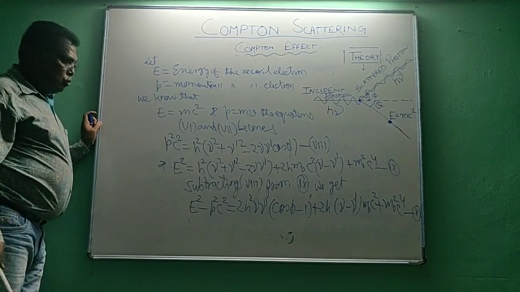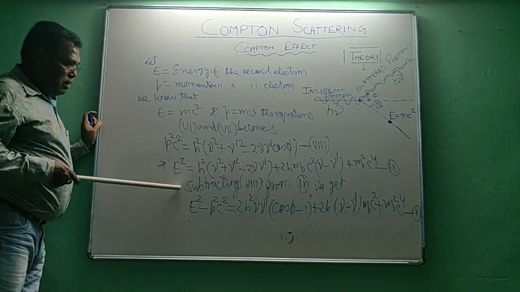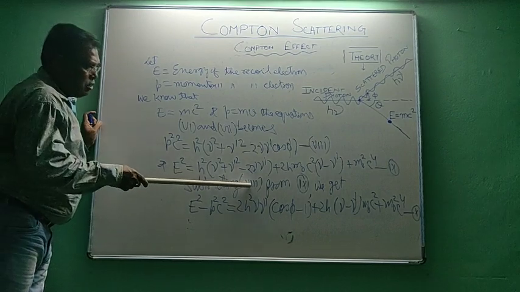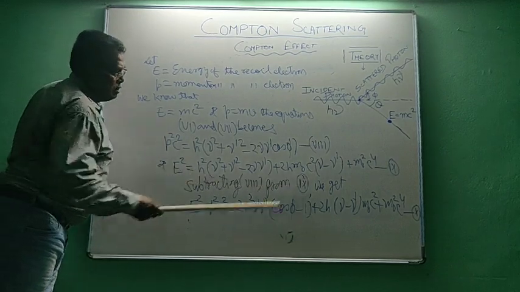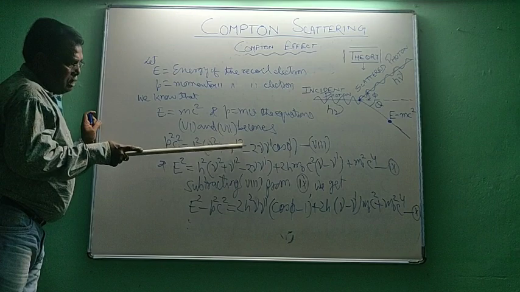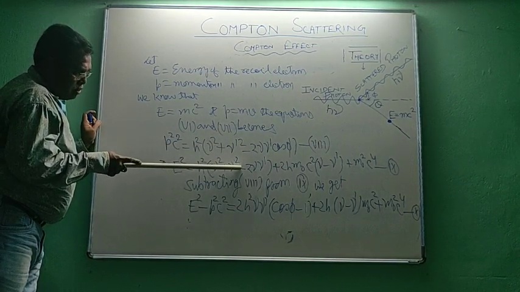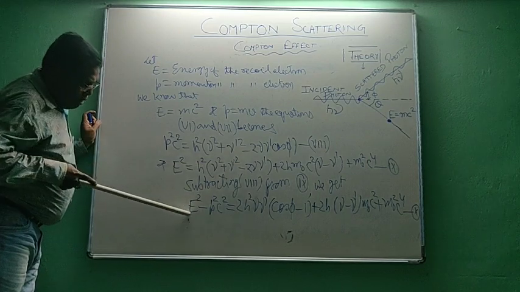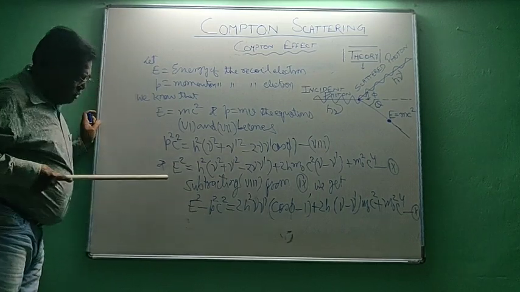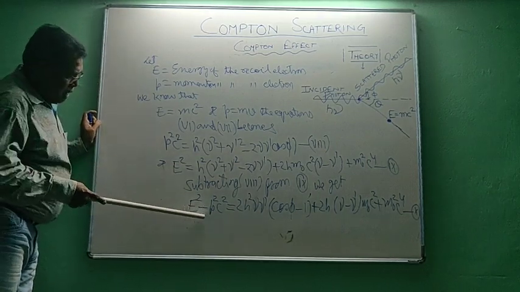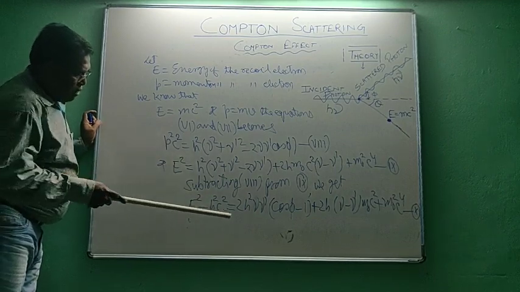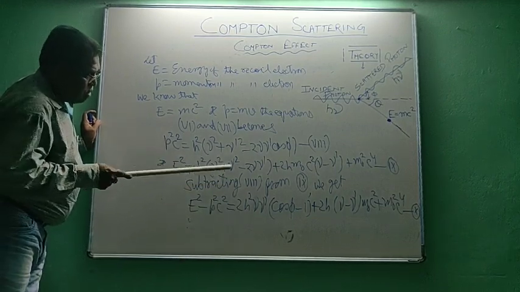Now you have to subtract equation 8 from equation 9. Here is 8, here is 9. Subtract this from this. You will get the result E square minus P square c square equals this plus this.